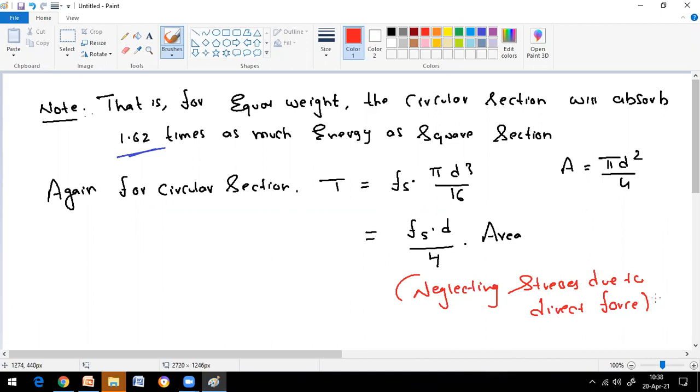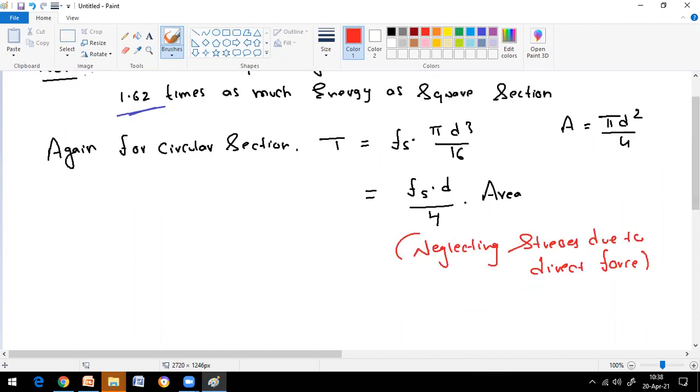When a member is subjected to direct tension, your load will be parallel to the axis of the section. So here we are neglecting that. We are considering only the circular section subjected to torsion, and only the force due to torsion. That's why your torque will be Fs into pi d cube by 16.